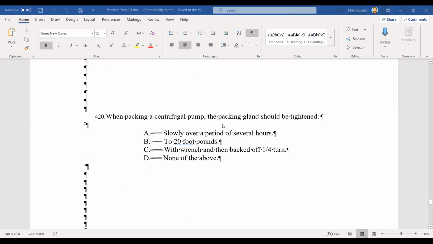When packing a centrifugal pump, the packing gland should be tightened... We got some C's and some D's.